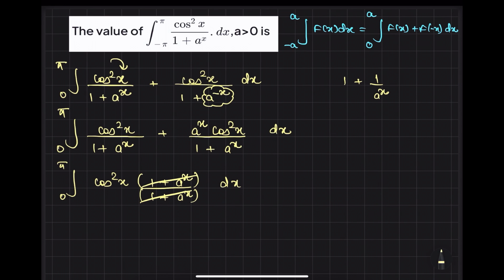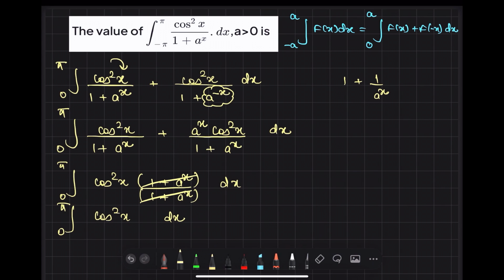Now you have to integrate from 0 to pi cos square x. Now you know that we don't know how to integrate cos square theta. We are comfortable with cos theta, but cos square theta is not our game.